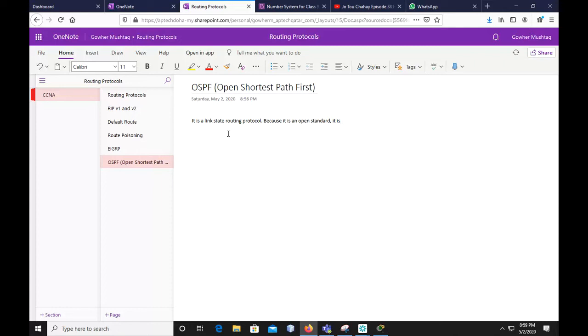So it is implemented by a variety of vendors. That's why most of the vendors use OSPF instead of EIGRP, because for EIGRP we have to have Cisco routers. Every router in the network should be from Cisco, then only we can use EIGRP.